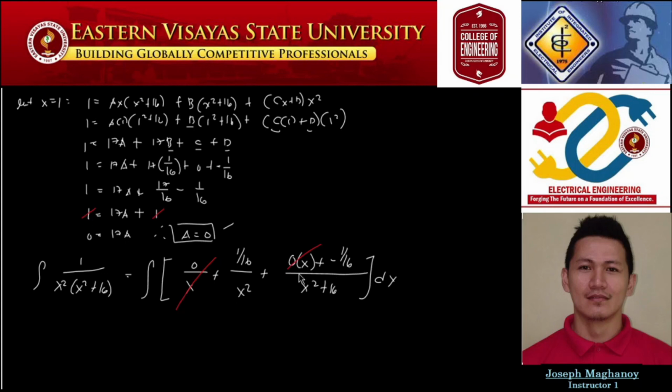So we have a remaining 2 function, x squared. So we have a negative. So negative times positive becomes negative 1 over 16 all over x squared plus 16 dx. Okay. So we apply property number 1 and 2.